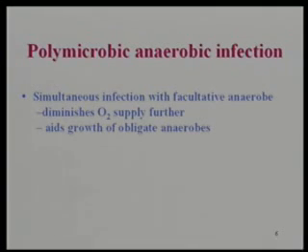The blood supply is already diminished because of the damage to the blood vessels, and this aids in the growth of these obligate anaerobes. So polymicrobic refers not just to a mixture of facultative anaerobes and obligate anaerobes, but also to the fact there can be many different anaerobic species. There could just be a few in some cases.